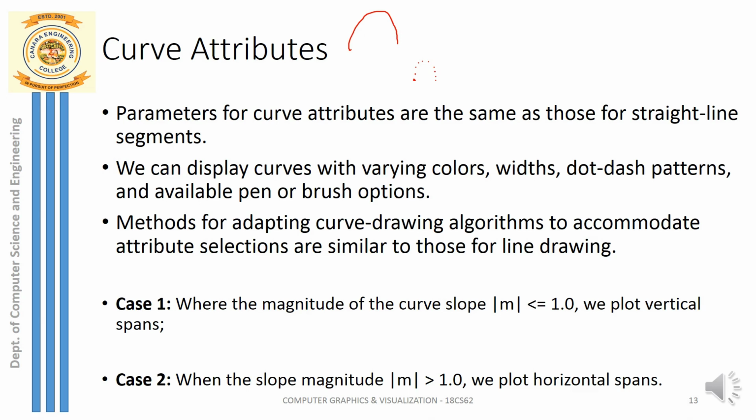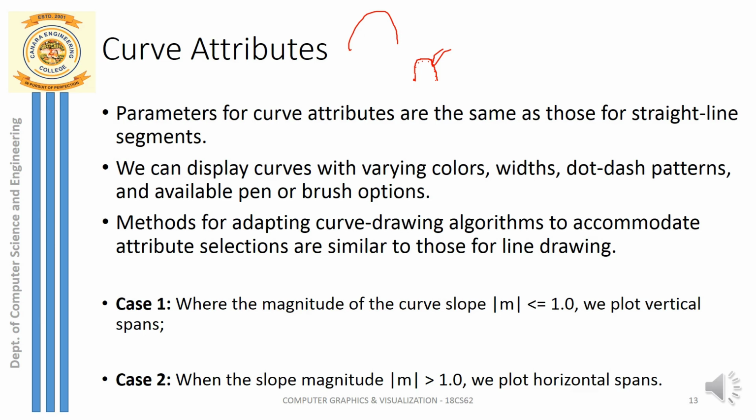These n number of points that you have plotted can look like a curve, provided the points are plotted in a curve manner. Whenever I say curve, it also has several attributes. A curve can take up colors, varying color. A curve also can have width, thickness, and also a style, that is dot pattern or dash pattern. So there can be many cases where you can draw a curve.